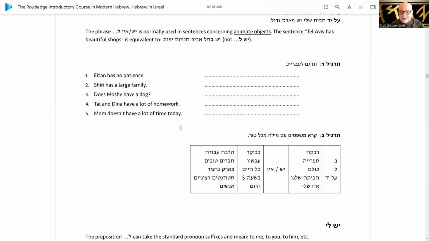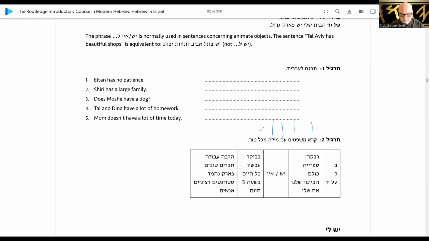Okay, so basically it's saying read the sentences with a word mikol tour from each column. I got to figure out whether this is column and this is each, or this is column and this is each. So let me look that up real quick here.